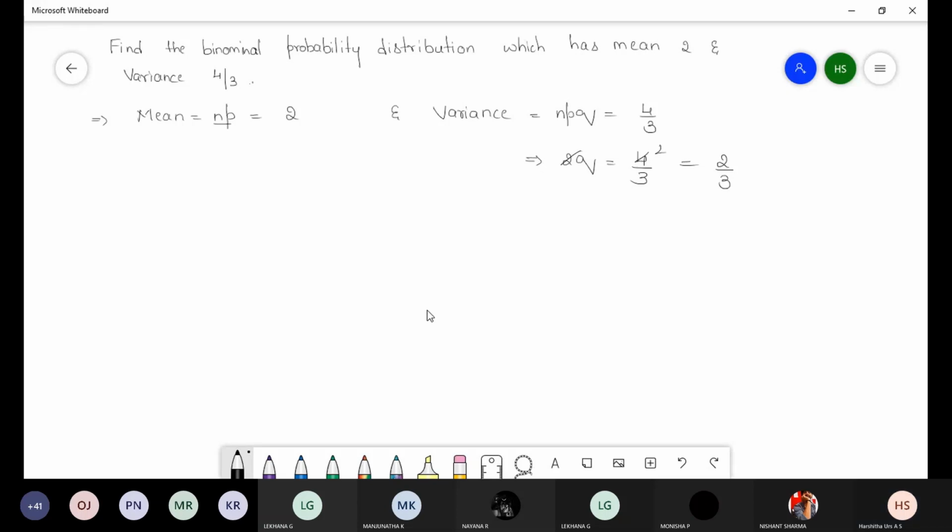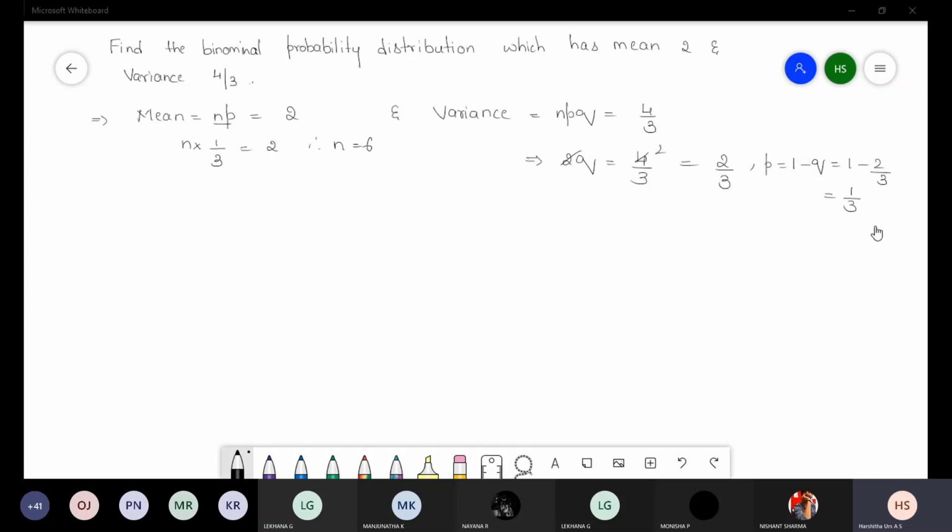Now we have to find out the P. So P is equal to 1 minus Q. So 1 minus 2/3 is equal to 1/3. Once we find the P value, we substitute here. N into P value 1/3 is equal to 2. So therefore our N value is 6.